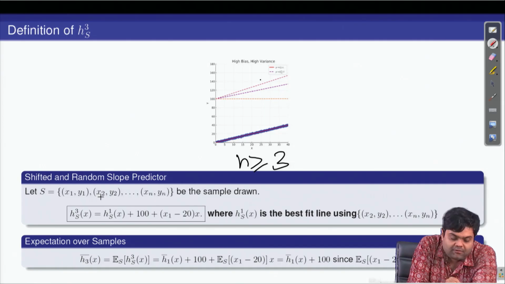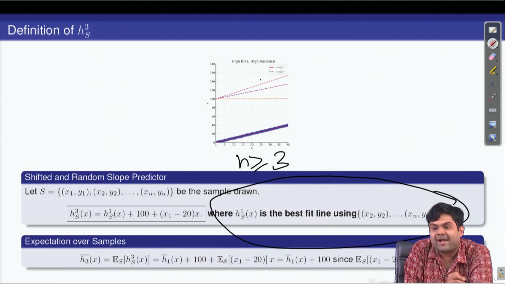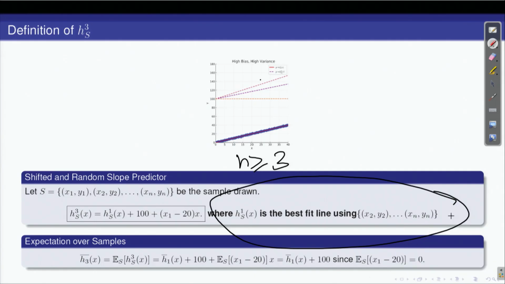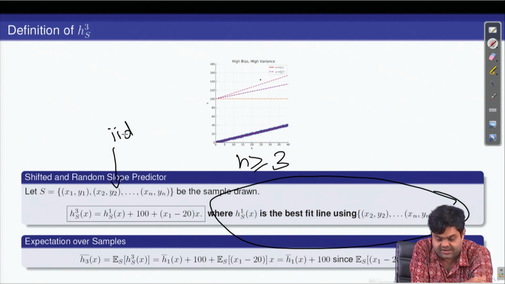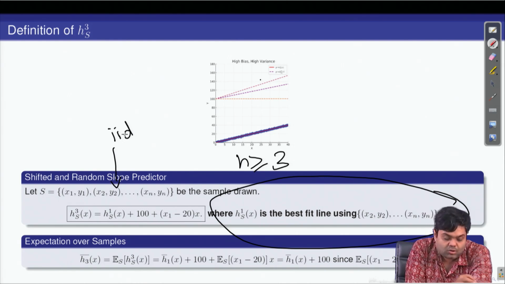So now fit a least square model using x2 to xn, and assume the sample is IID. Take a least square model based on x2 to xn. Call that h1. Add 100.